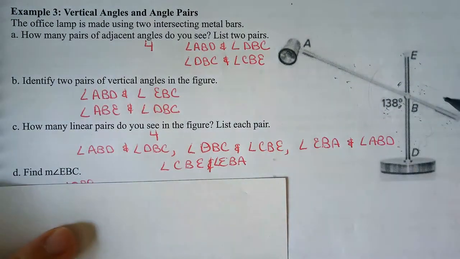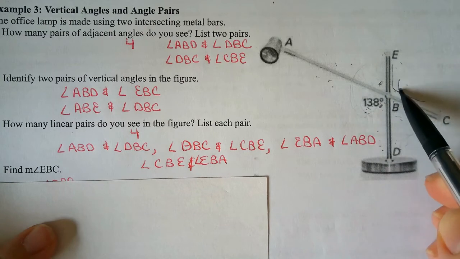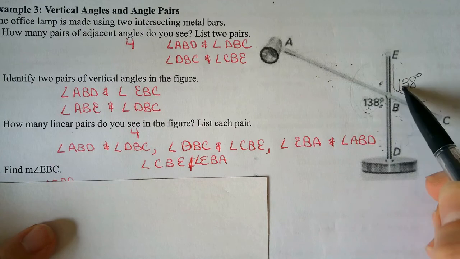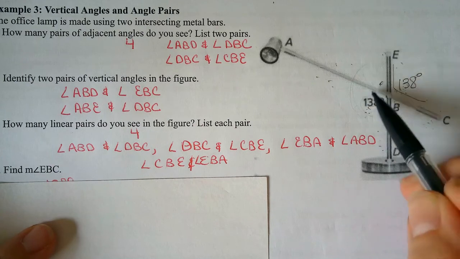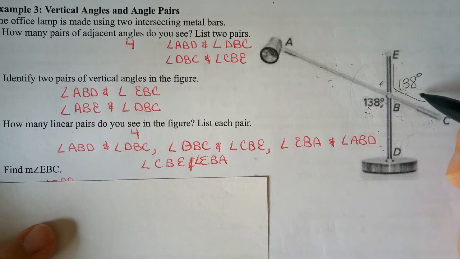Find the measure of EBC. In the previous example, I showed you that vertical angles are always congruent. So since these two are vertical, this guy would be 138. And one side note is if I know these, I'm going to know all the way around if they're vertical angles because these are going to be a linear pair. So that means these have to add to 180.